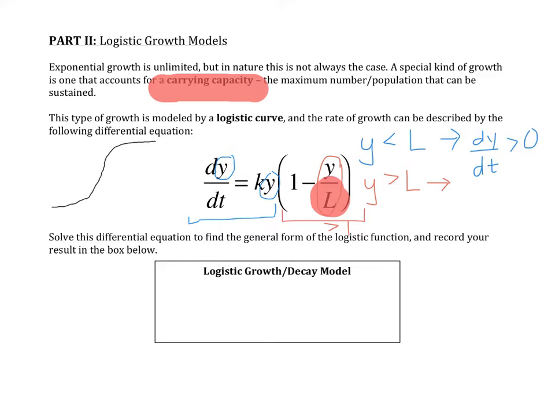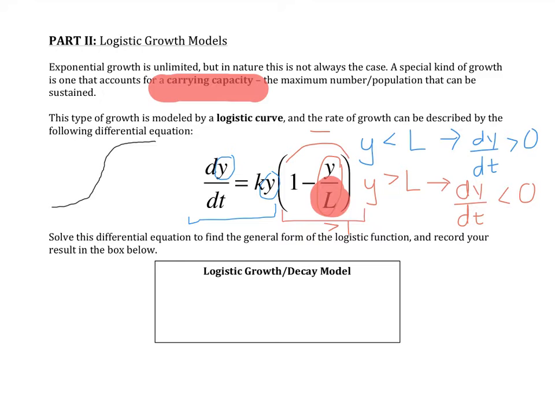So 1 minus that term will be negative, and that would create a situation where dy/dt is less than 0. So your rate of growth is negative. In other words, your population is shrinking, not growing.